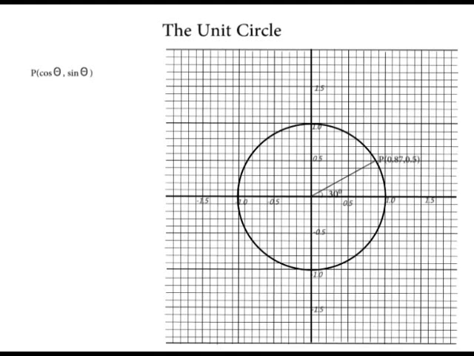And for sure, cos 30 is 0.87 and sin 30, 0.5. 0.5 over 0.87 gives us 0.57. And if you check, tan 30 is equal to 0.57. Notice that for P to have the coordinates cos theta, sin theta, it must lie on the circumference of the unit circle, not anywhere inside or outside the circle.